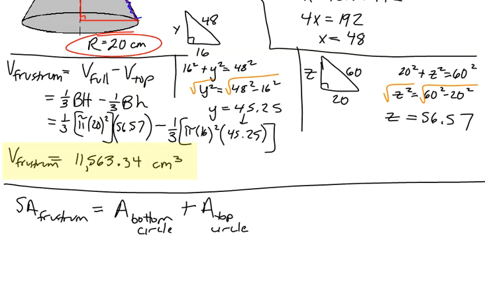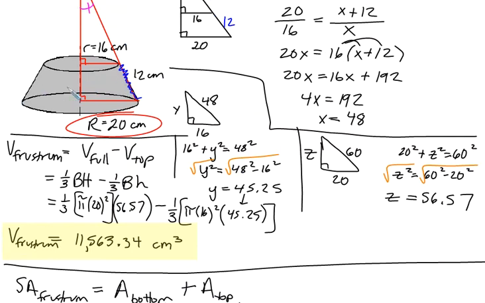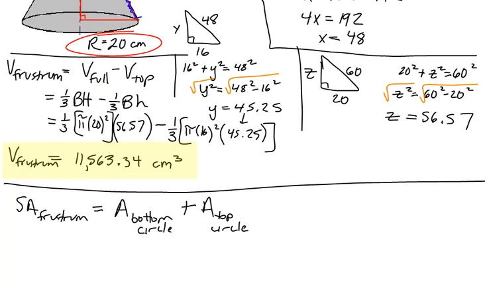And then we also need the area of the sides. In order to get the area of the sides, we need the area of the sides of the full cone minus the area of the sides of the top cone. So we'll put area of the sides of the full cone minus the area of the sides of the top of the cone.